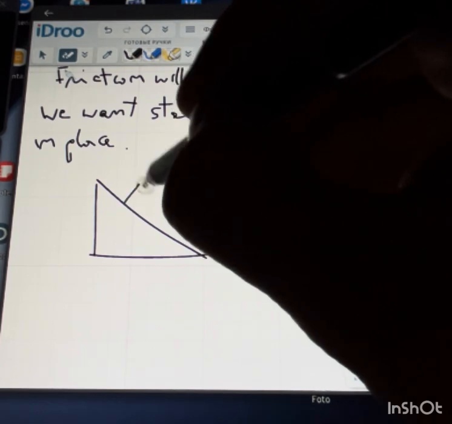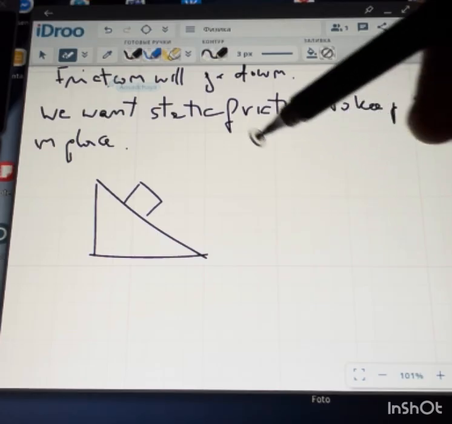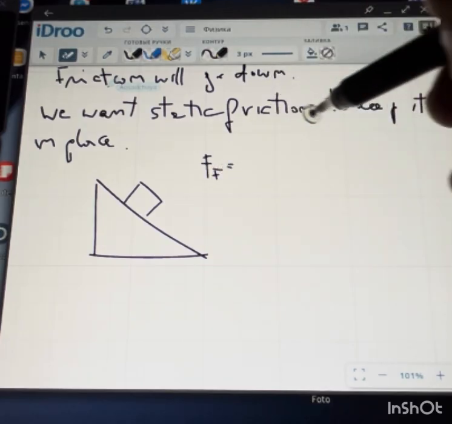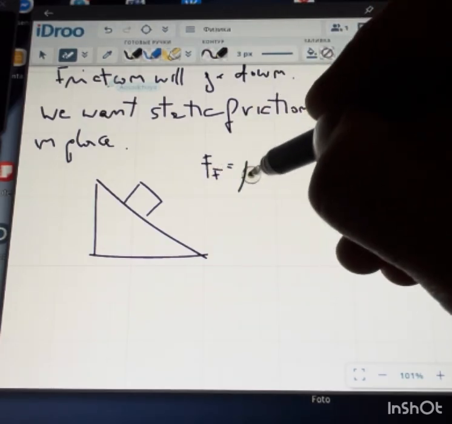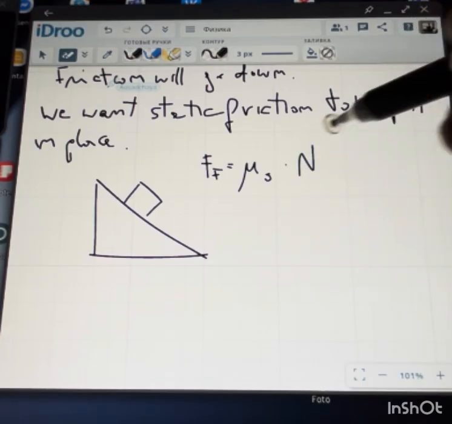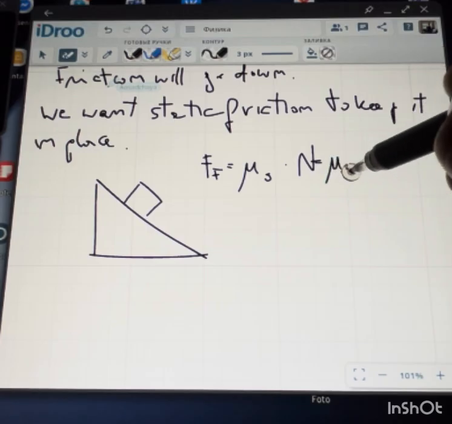Well, the static friction must be enough to counteract the acceleration. And the friction force is how much? The static coefficient times the normal reaction to the plane, which means static coefficient mg cos 35.